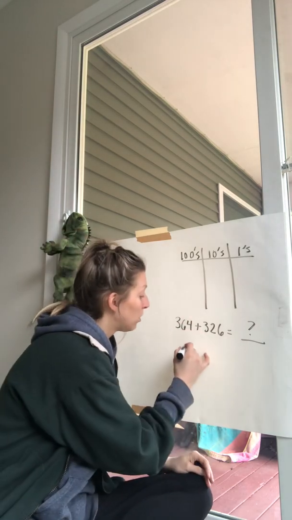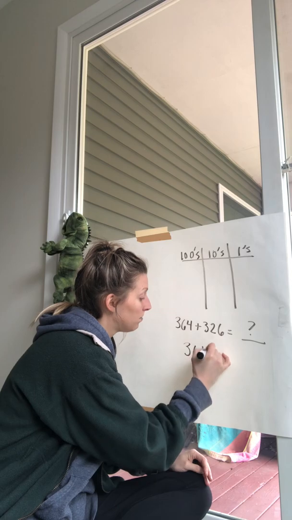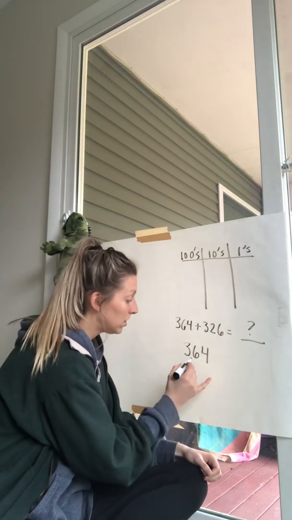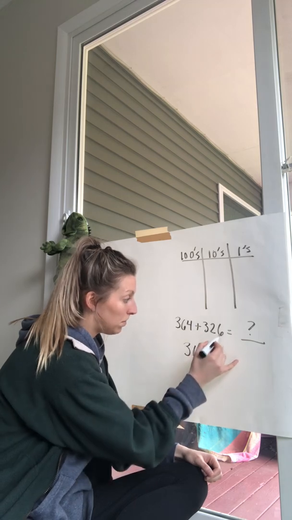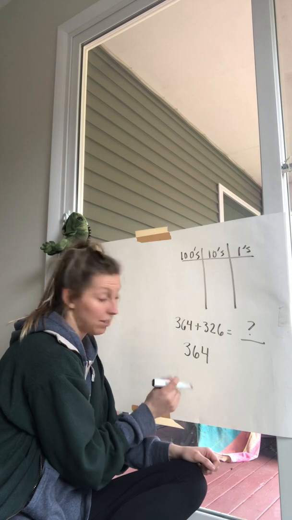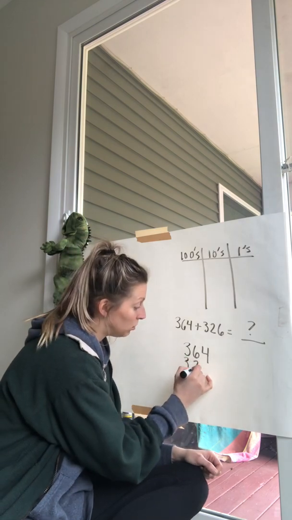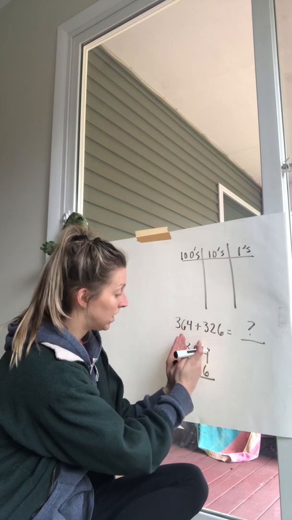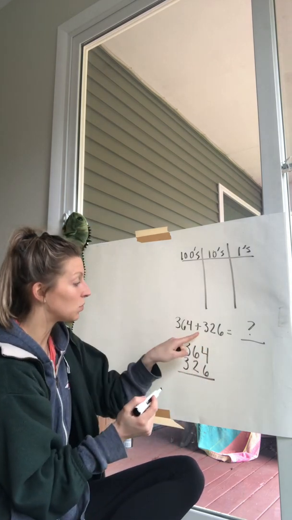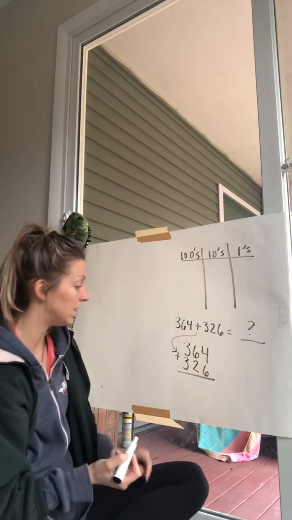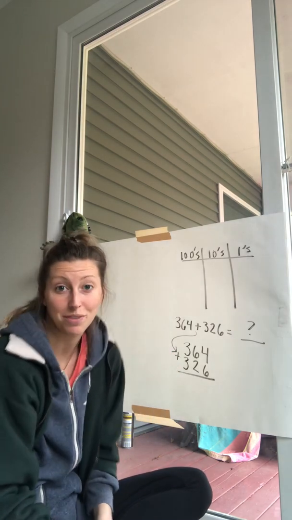So I take my 364, and I'm going to line up the 326 just beneath it, so the ones are together, the tens and the hundreds are together. So I know that here's my ones, my tens column, and my hundreds column. And since we're adding, make sure to put our sign down so you know what you're doing.